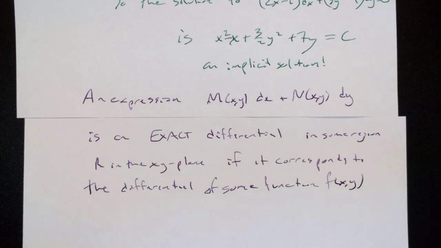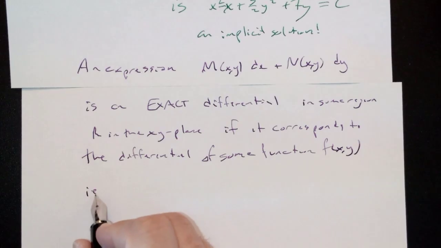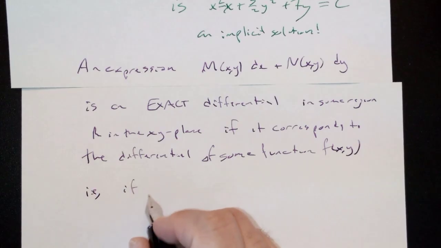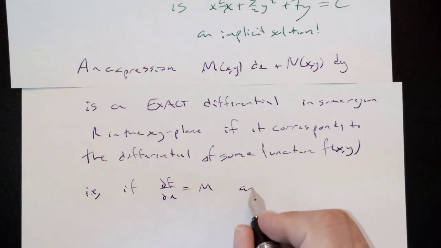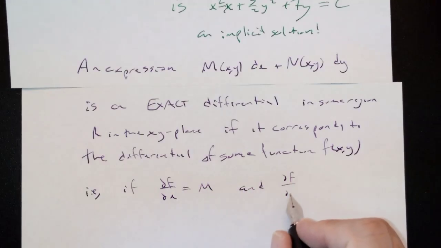In other words, if partial of f with respect to x is equal to m and partial of f with respect to y is equal to n.